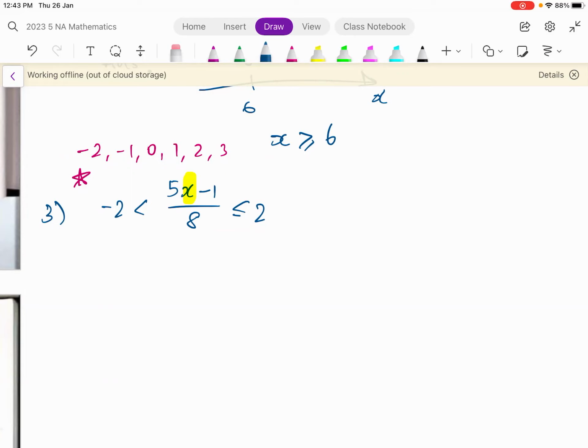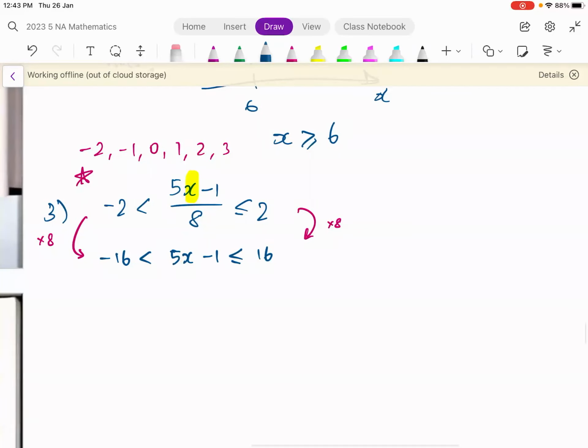First, I want to get rid of the denominator 8. When we have a denominator 8, we multiply by 8. So we get -16 less than 5x minus 1 less than or equal to 16. Don't need to flip the sign, we are not multiplying or dividing by a negative.